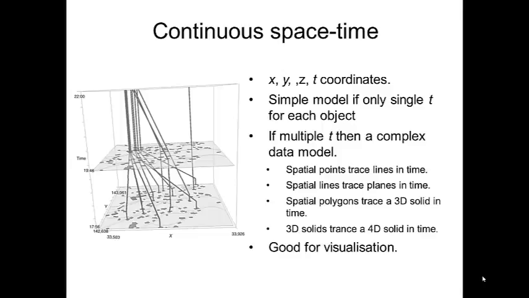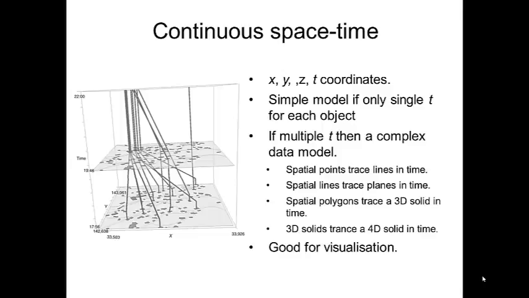If you've got boundaries that only exist, or a polygon that was a flood extent observed at one time, that's all right. But this becomes a lot more complicated when you've got multiple t's for each object.